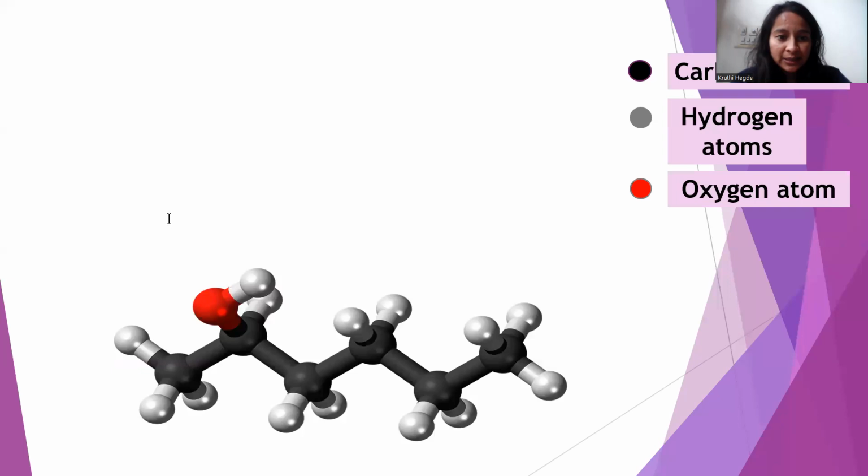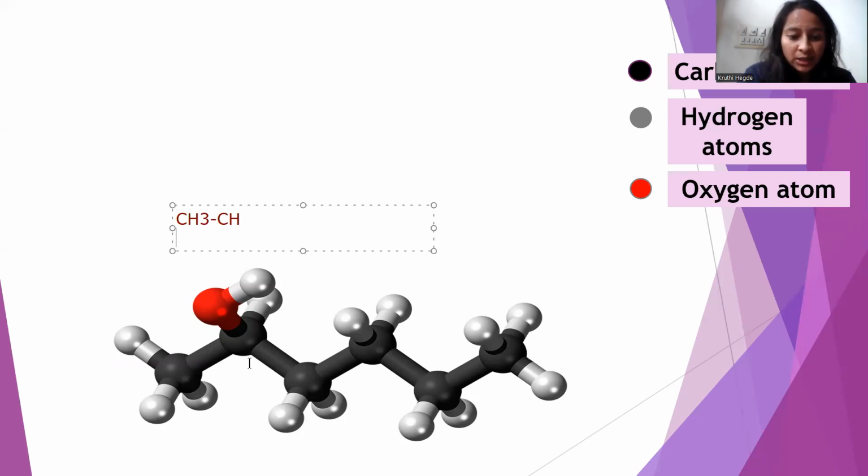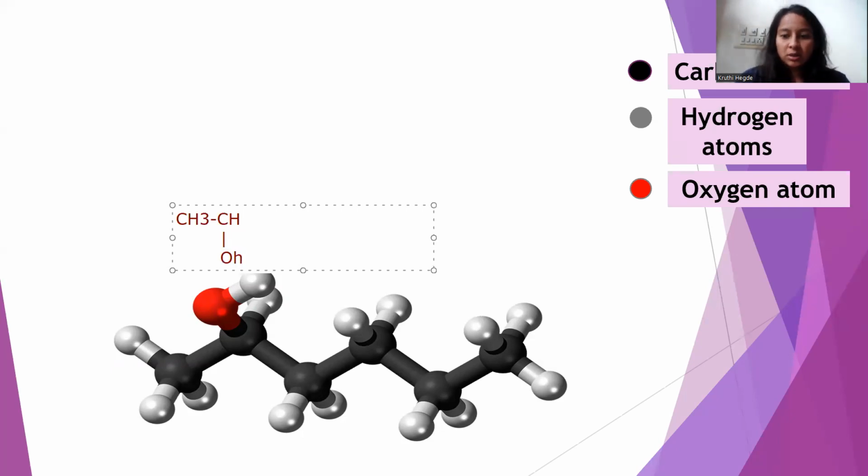First one CH3, there are three. Next one, CH, what is attached to CH? CH is attached with OH.